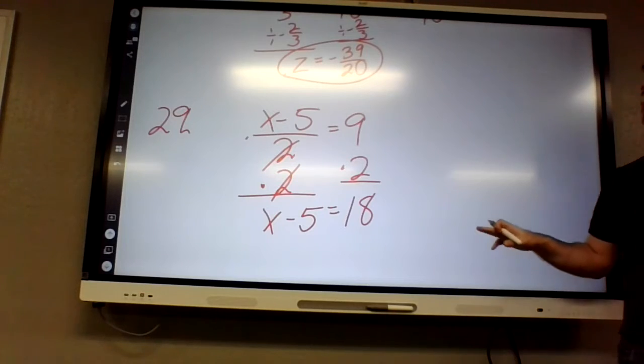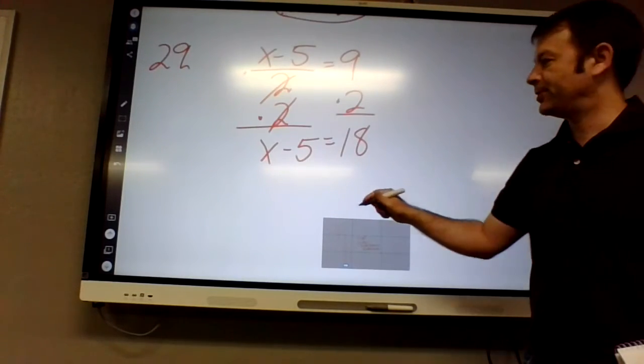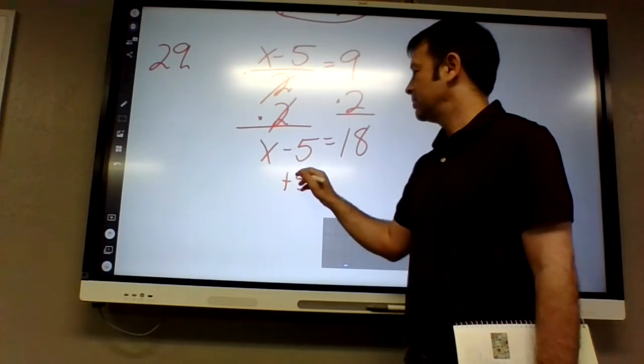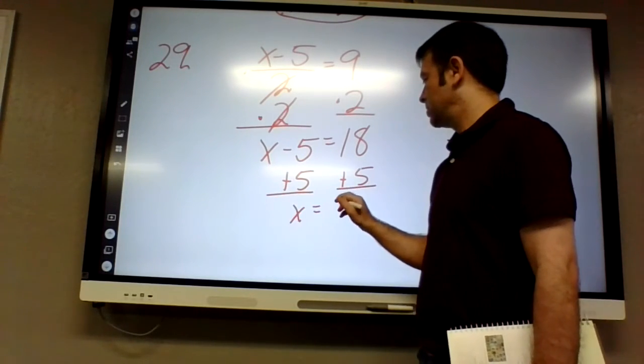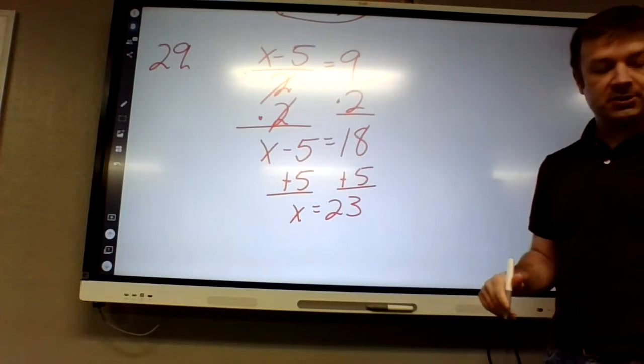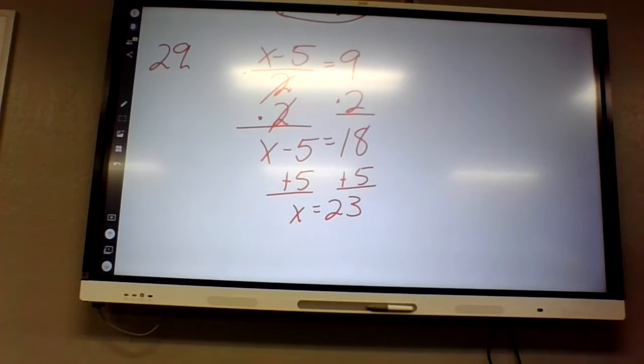Yeah, add 5. So it's kind of backwards from all the rest of them. Thirty is probably the trickiest one, because not only do you multiply by 2, then you subtract 5, then you have to switch the signs. So there's kind of 3 steps on 30.